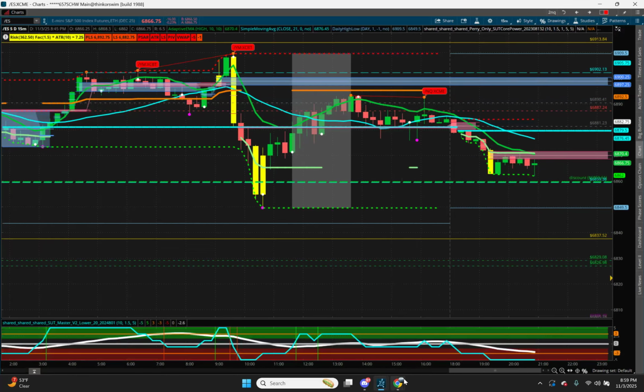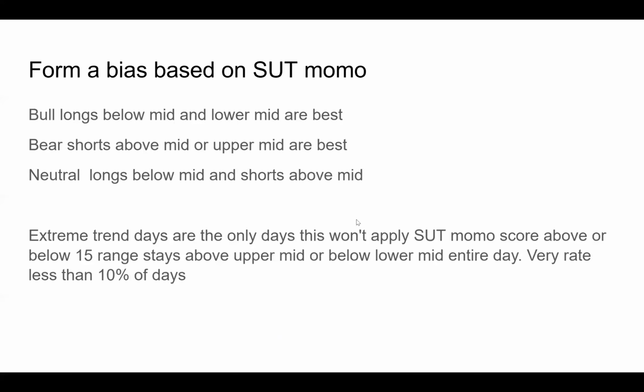Where are we? Okay. Now, extreme trend days are about the only time where the Momo score is kind of irrelevant, and it's less than 10% of days. There's not a ton of these days you even have to worry about where there's not going to be a setup. An extreme trend day is like tomorrow, if we just crash all day.